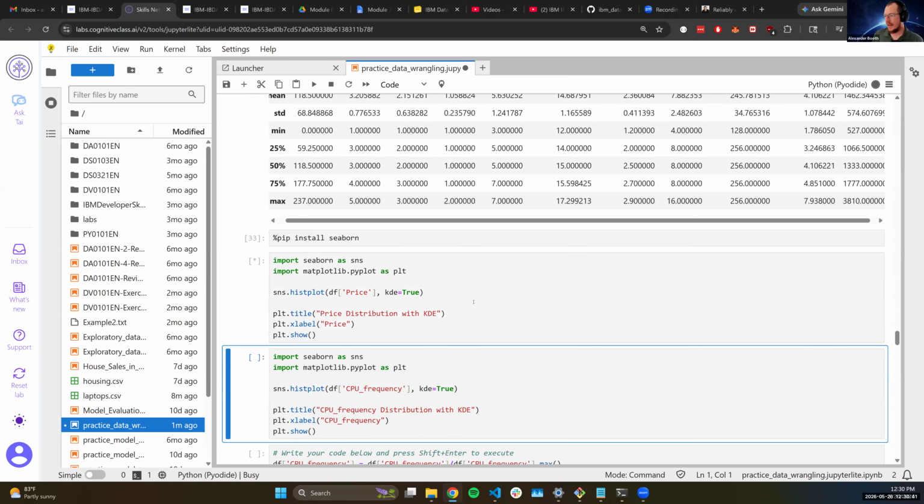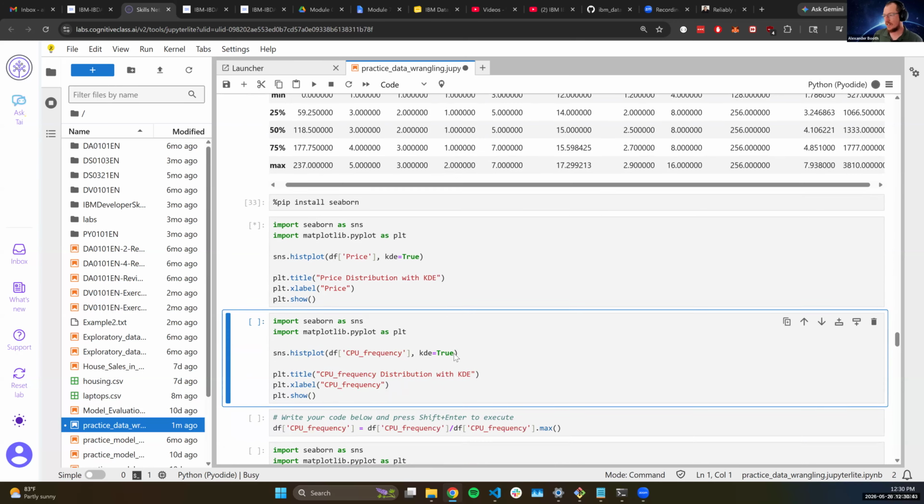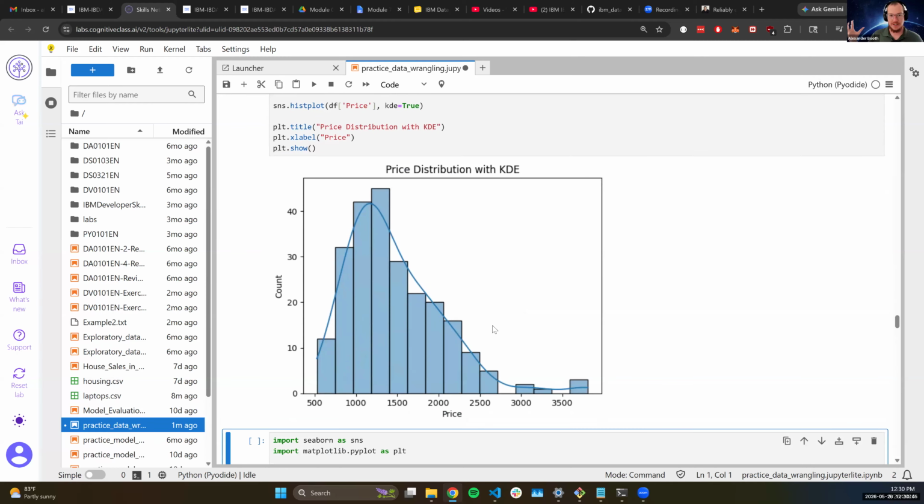All right, so let's go ahead and look at some distribution charts. Again, this is looking at the shape of the distribution. What does the shape of this individual column look like? What I'm looking at here is the shape of the price distribution, and we can see that we're pretty right skewed. We have a few laptops that are all over $3,000, which is biasing the rest of this column.